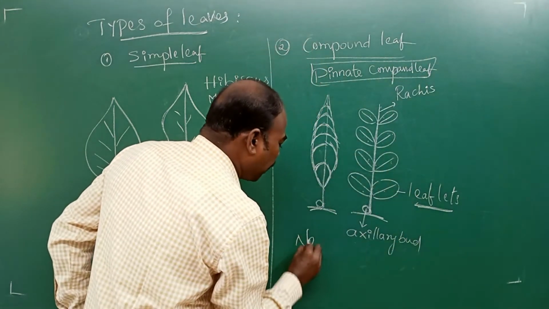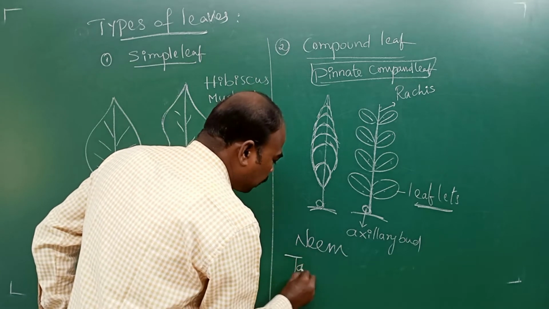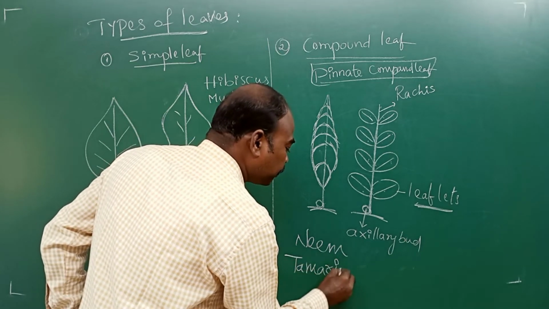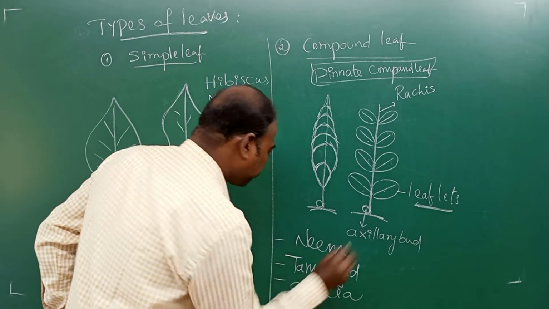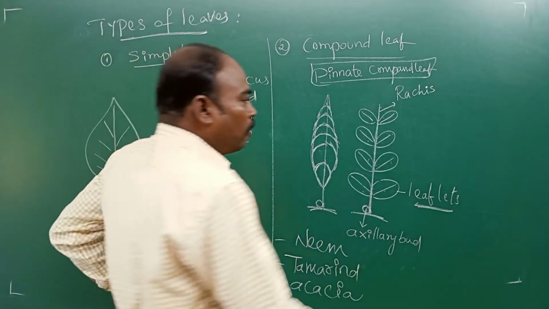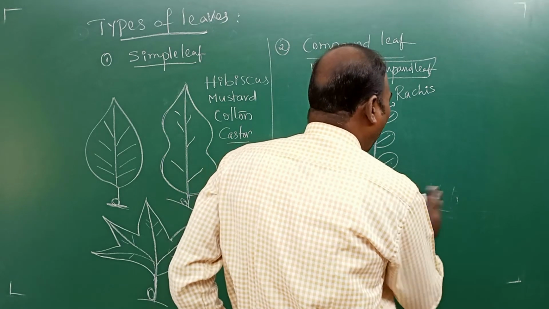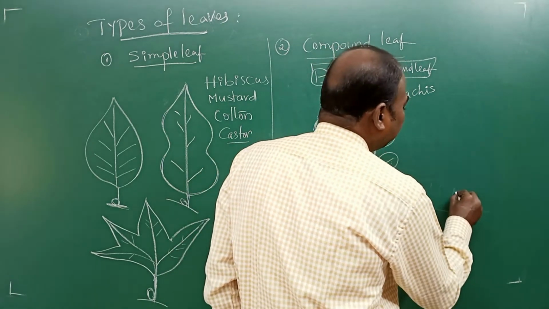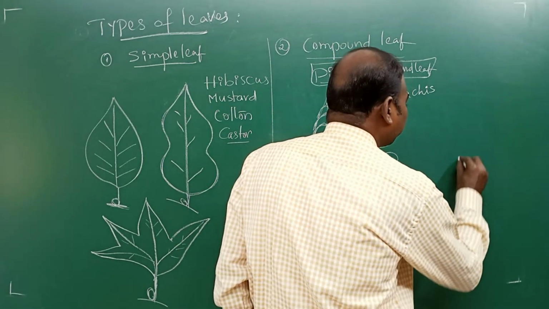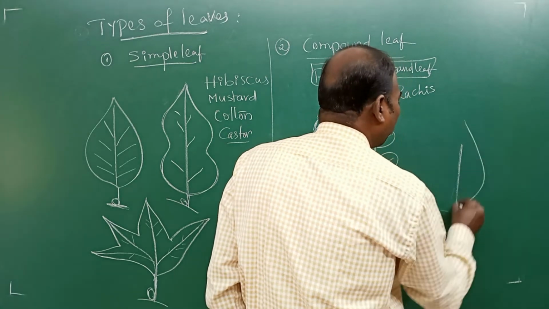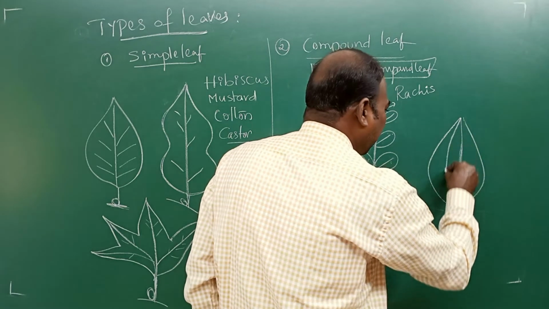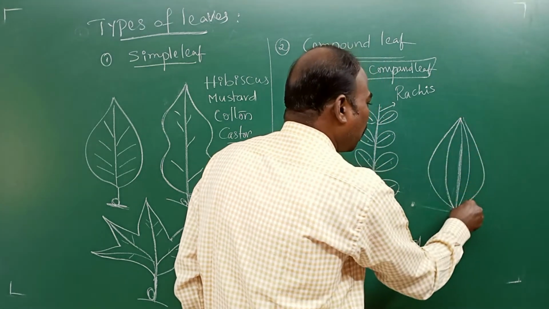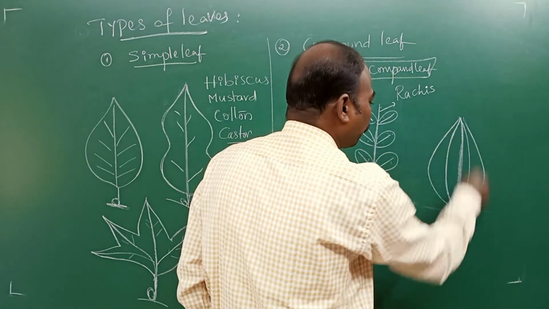For example, neem, tamarind, acacia. Whereas, when the leaflets are borne at the tip of the petiole, the leaf is dissected like this into a number of bits.